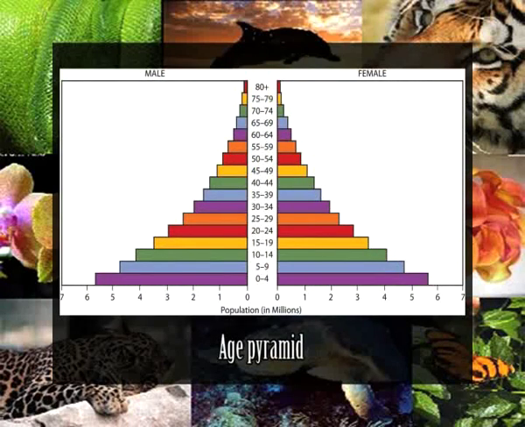And the proportion of these three different stages in a population determines the kind of a population, that is, whether population is growing, stable, or diminishing. And the same can be presented graphically in the form of age pyramid.